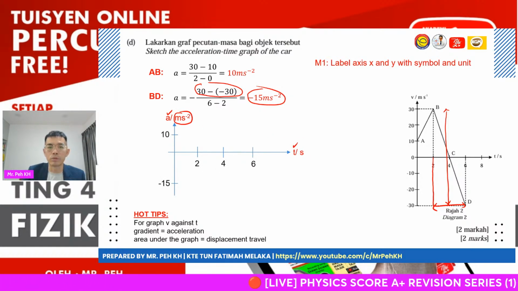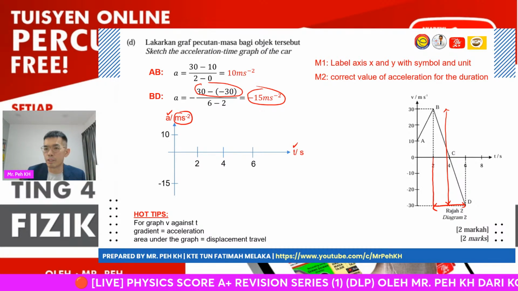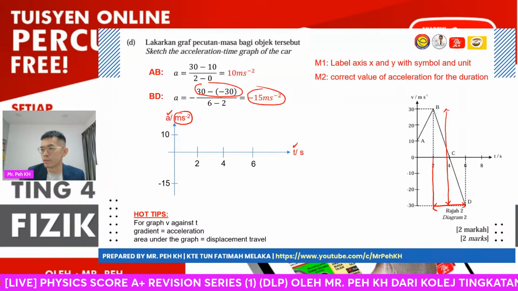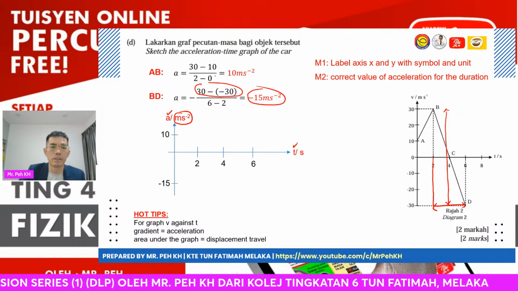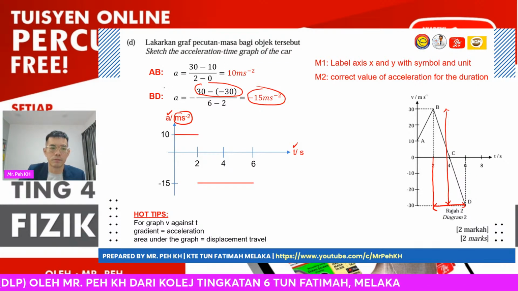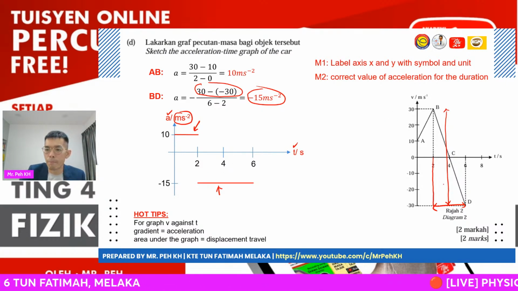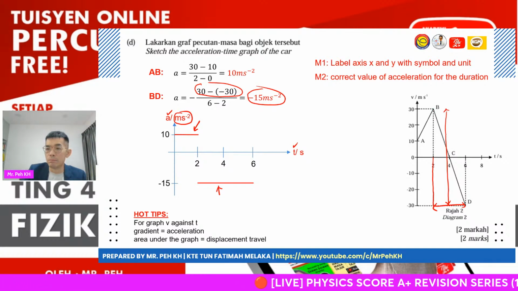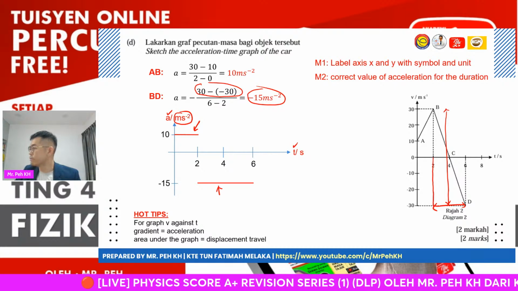Then mark number 2: correct value for the respective acceleration for the certain duration. So the first, AB, will be 10, at here. And then here for BD. So this will be the reference answer for this question.